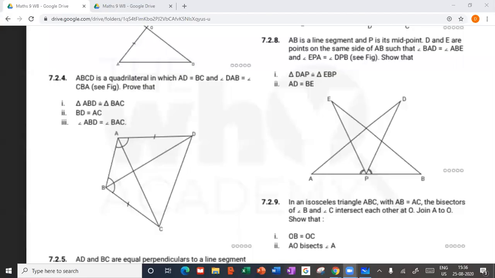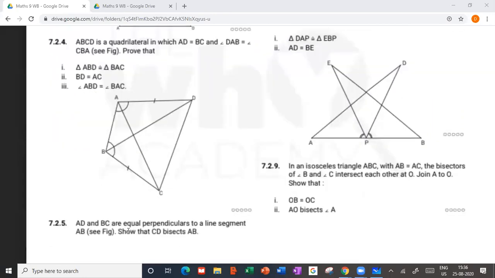ABCD is a quadrilateral in which AD is equal to BC and DAB is equal to CBA. Prove that. They have given you 3 things to prove. This seems like a doable question.